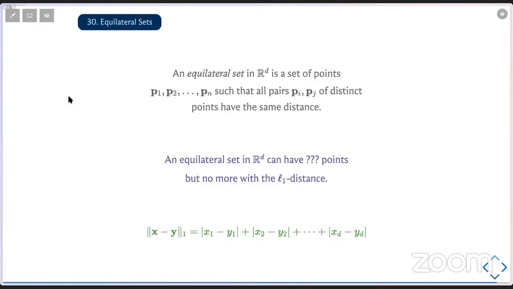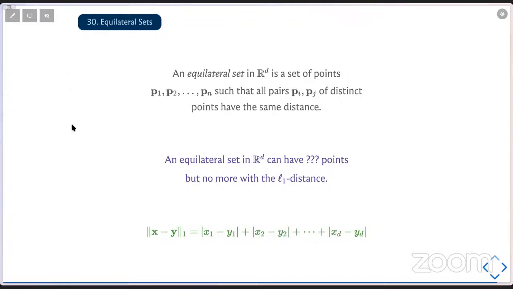So here, the question is, how many points can we have if you're working with the L1 distance? You've seen that with the Euclidean distance, a strictly equilateral set can have only d+1 points. With L infinity, we can have 2 to the d points. Probably here we're looking at something in between.